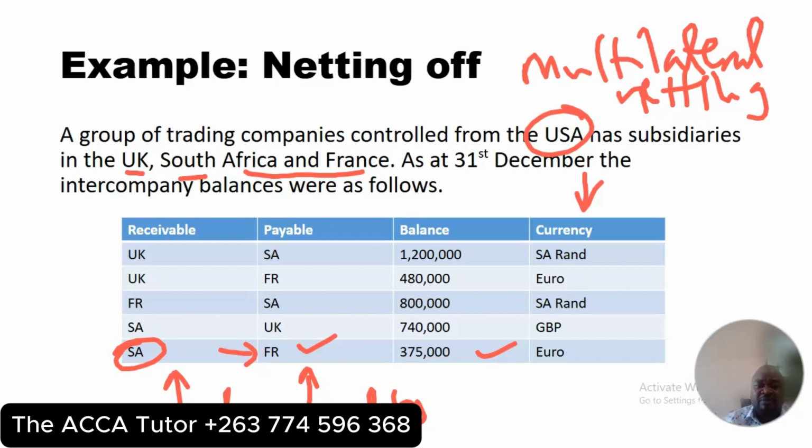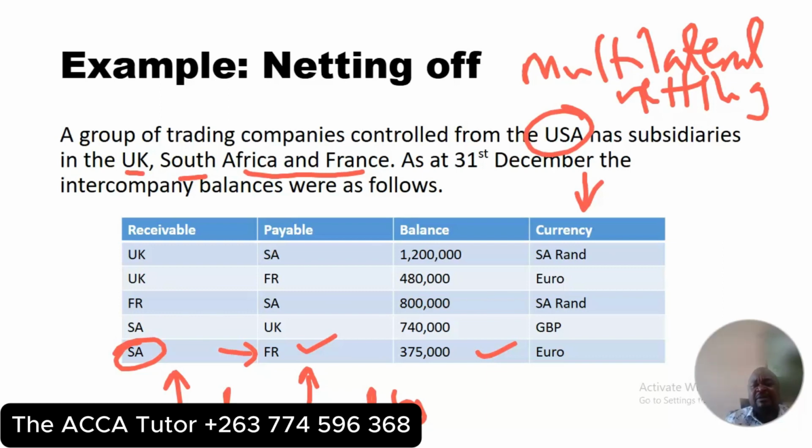So all these payables and receivables are going to be converted to US dollars by the end of the day. Before we do the ultimate payment, we need to ensure that we have netted off the payables and receivables, such that we are left with the amounts that need to be paid or received.